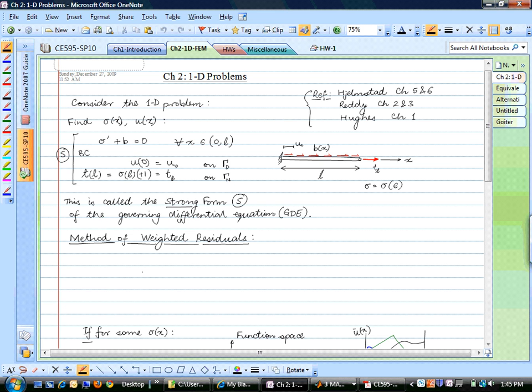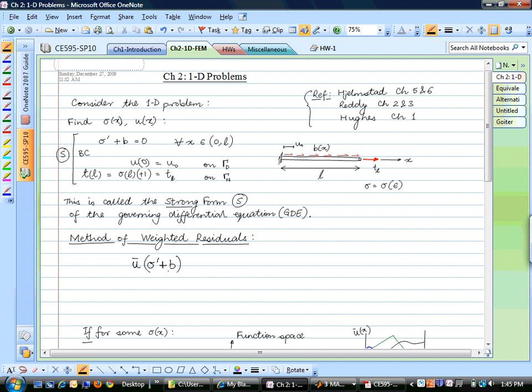One way to write that is sigma prime plus b, which is a function of x. Now, if I take some variable u bar and multiply it with this quantity, and if you give me any number and I multiply it with that number, this should turn out to be 0.